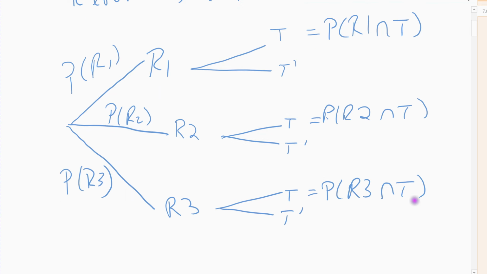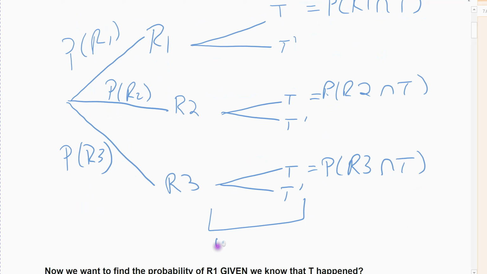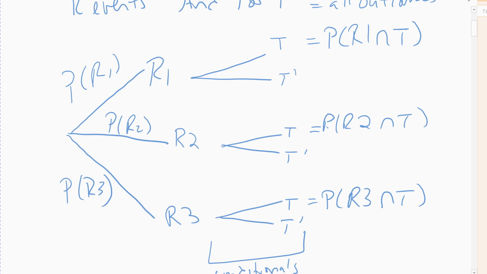Then remember, the second set of branches are the conditionals. I can only get to the second set of branches if I've completed the first event. So given we're on the first event path, if event 1 happened, this is the branch I'm looking at, since I'm only interested in T. This would be the probability T happens given event 1.